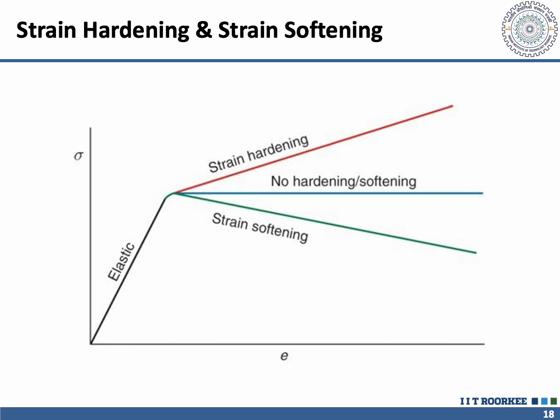Here, the elastic region is denoted by the black line. This is the initial linear portion where stress and strain are proportional. Here deformation is reversible. If you remove the stress, the material returns to its original shape. It is governed by Hooke's law.